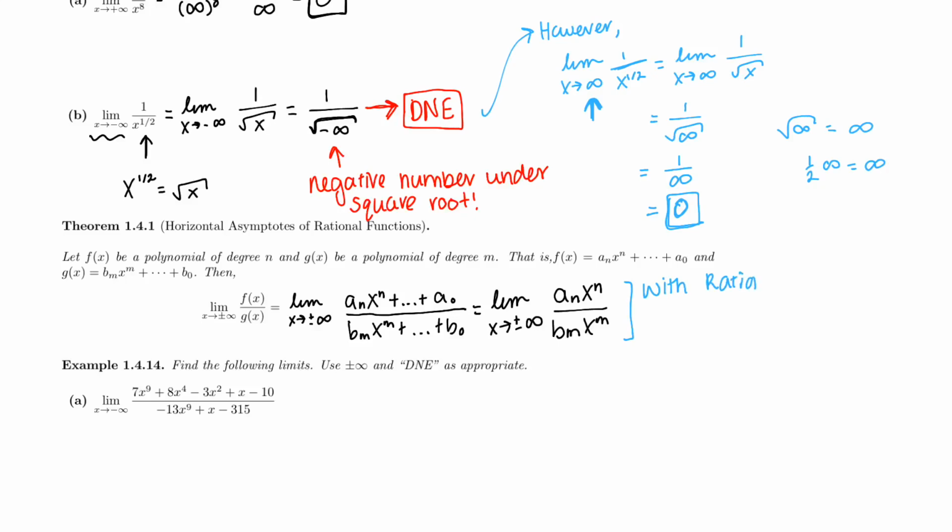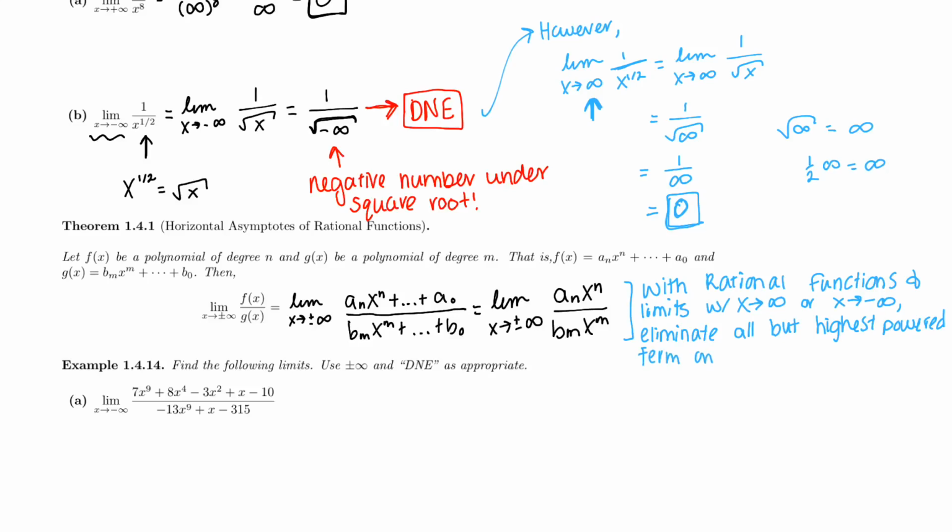With rational functions and limits going to positive or negative infinity, eliminate all but the highest power on top and the highest power on bottom. So it's basically saying you can just ignore all that and just take the highest powered term.